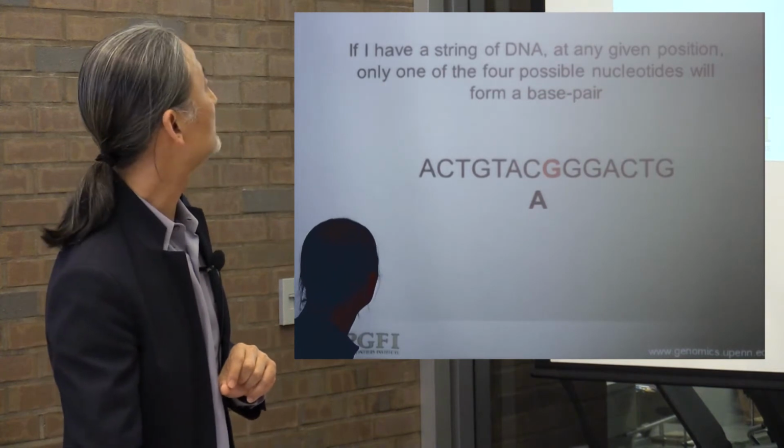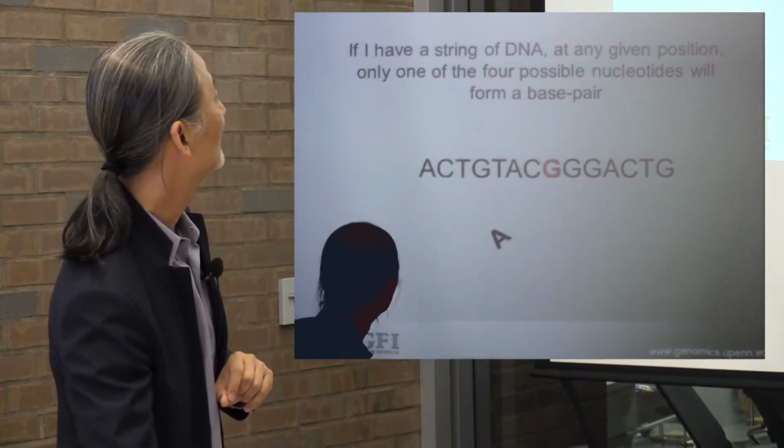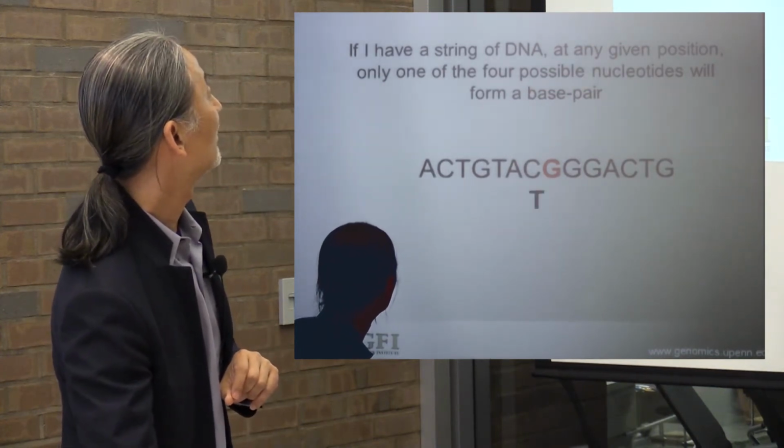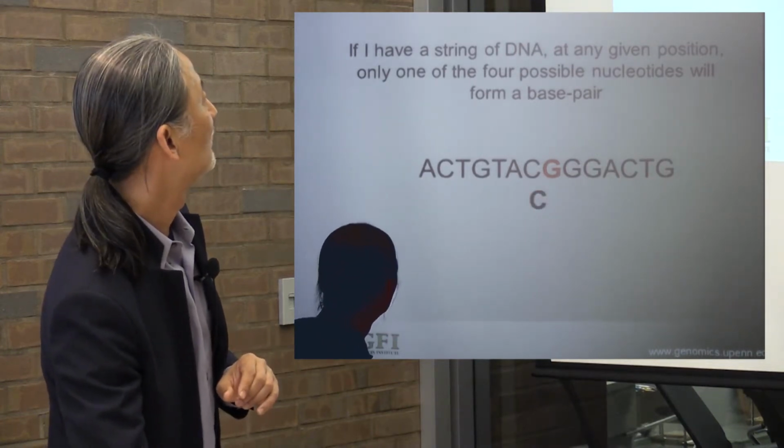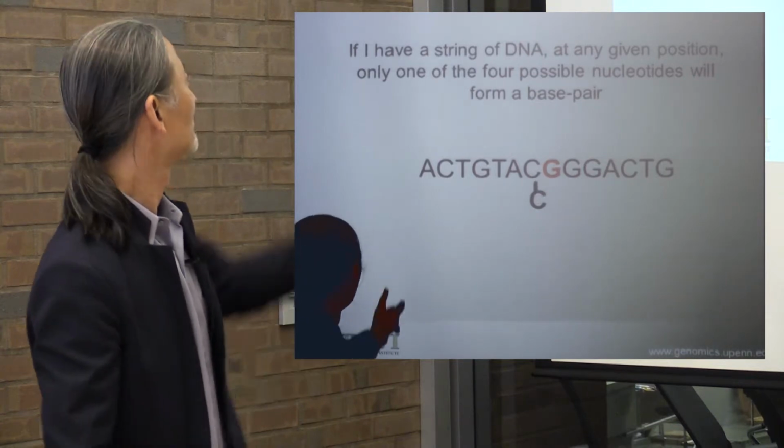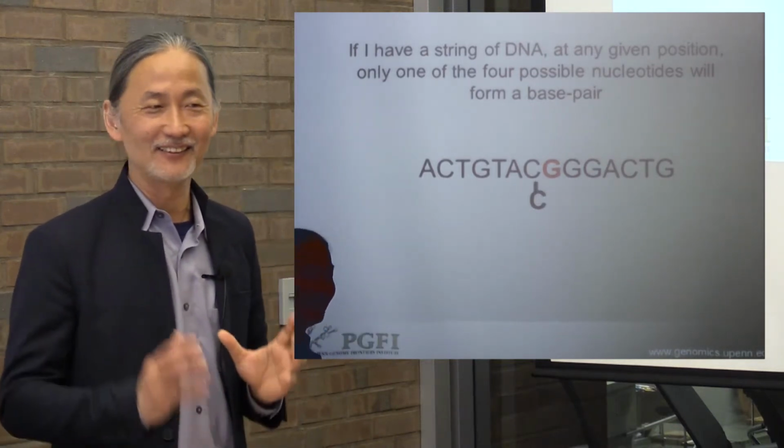So if you try to attach an A to the G, it won't attach. It will fall off. If you try to attach a T, it won't attach. It will fall off. G, it will fall off. If you have a C, then it will form a bond to the G, okay? That's the main thing that happens.